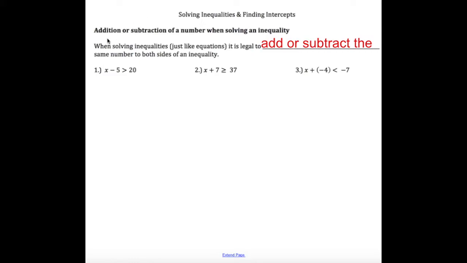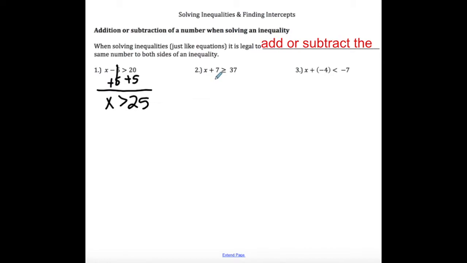On this inequality, we have x minus 5 is greater than 20. Our goal is to get x by itself, so we're going to add 5 to both sides. Cancels out, and x now is greater than 25. So any value greater than 25 would satisfy and make this inequality true.